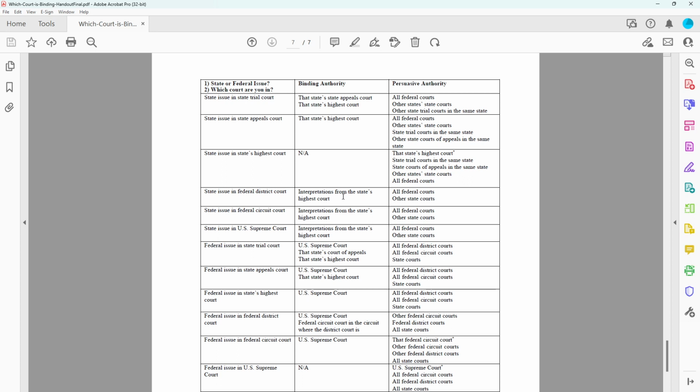So don't be surprised if Chile starts citing cases from California. And you guys are going to be like, oh, that's so dumb. But it's binding authority. So here we are. So federal issue in federal district court. Binding authority is a citation to a Supreme Court decision or a federal circuit court in the circuit where the district court is, right?